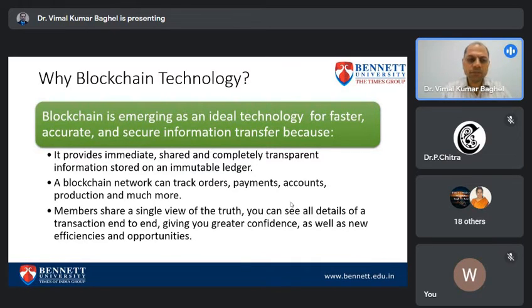A blockchain network can track orders, payments, accounts, production, and much more. The major thing in a business is how we can track the orders, how we can trace the responsibility, and how we can make certain entities responsible for the certain outcome of a decision.